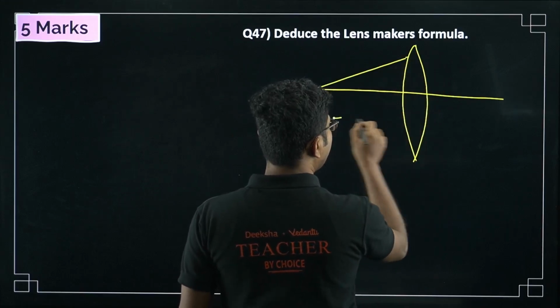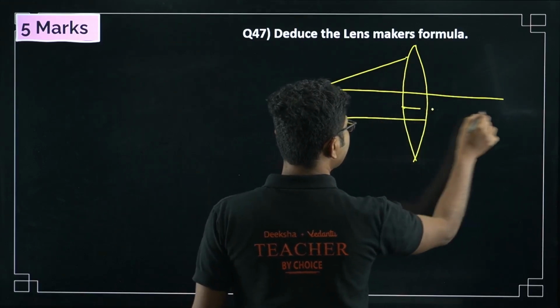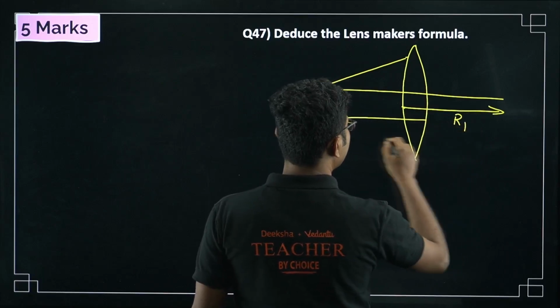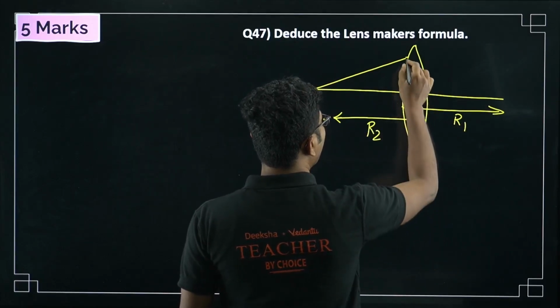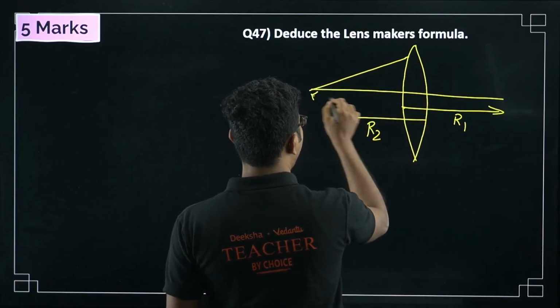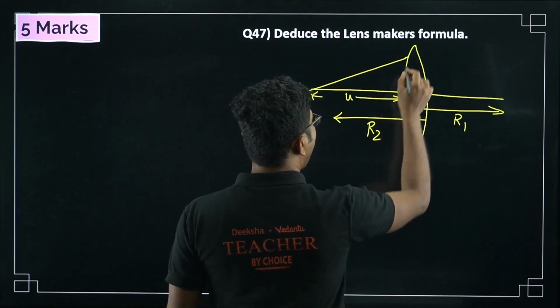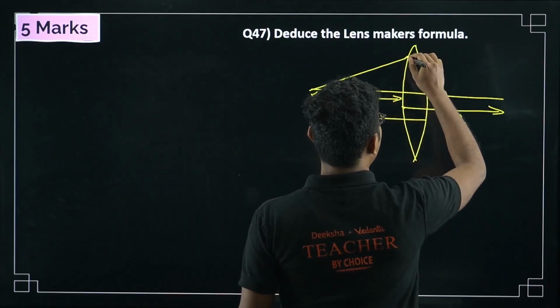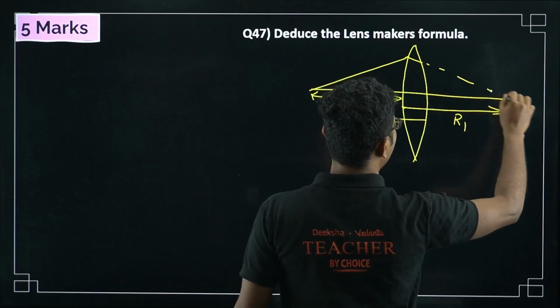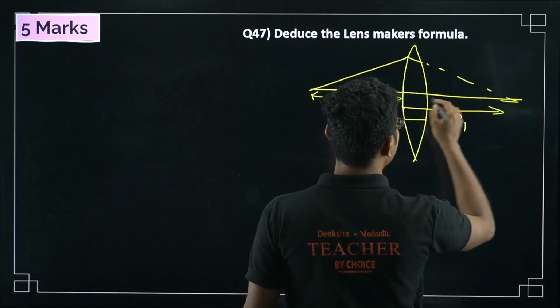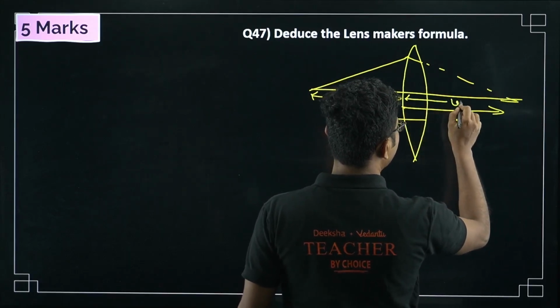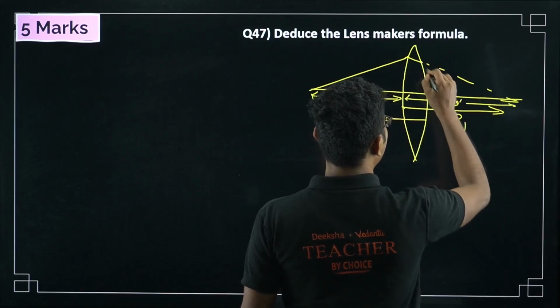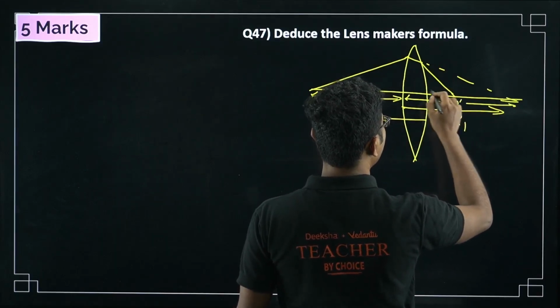The radius of curvature of this surface is R1, this is R2. Okay, so this is u, and when the ray passes through this and passes somewhere, this distance is v dash, and after refracting it actually meets here, this is v.